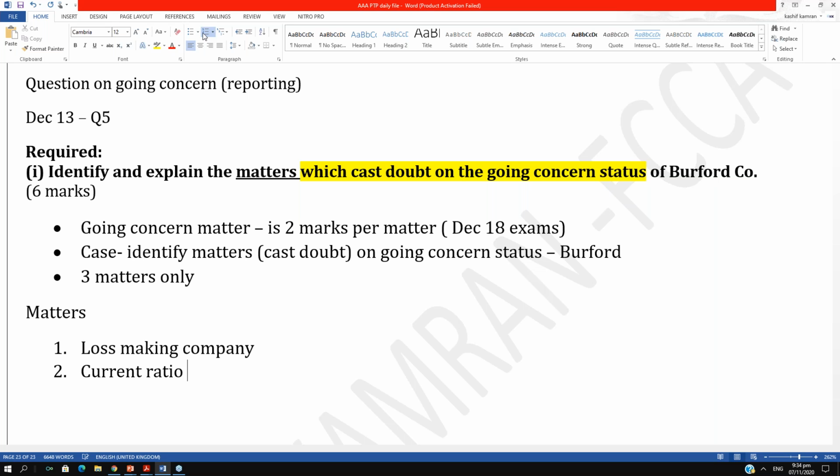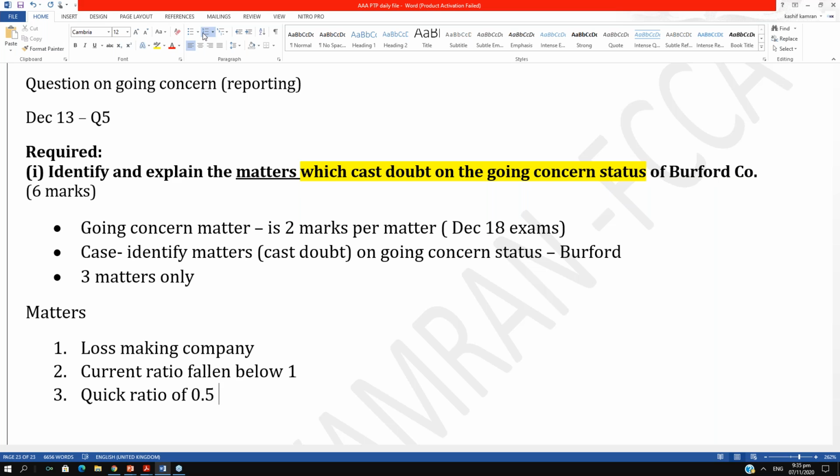The current ratio has fallen below 1, right? The third point you must have identified is the quick ratio, the quick ratio of 0.5. And the question tells you they have deteriorated further. So have they deteriorated further from 0.5 and 0.8? Is the question telling you they have deteriorated further, right?